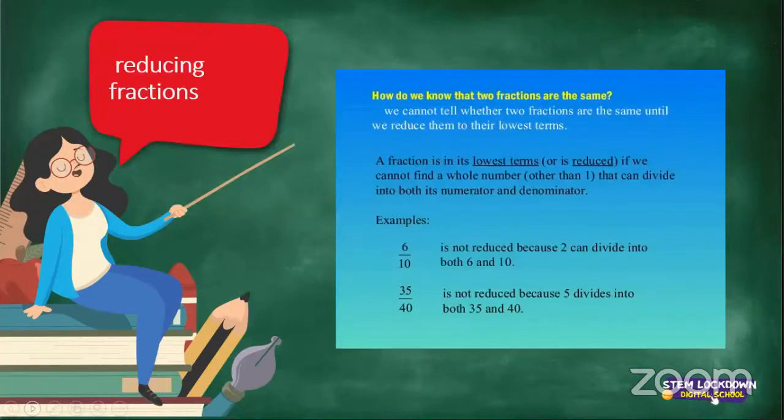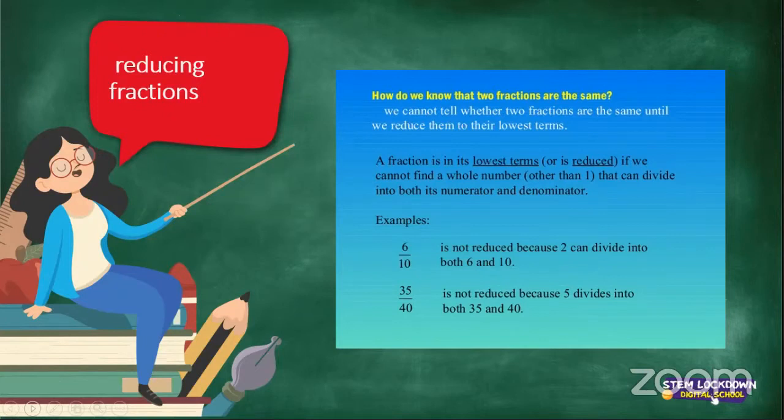So how do we know that two fractions are the same? We will be looking at reducing fractions. We cannot tell whether two fractions are the same until we reduce them to their lowest terms.